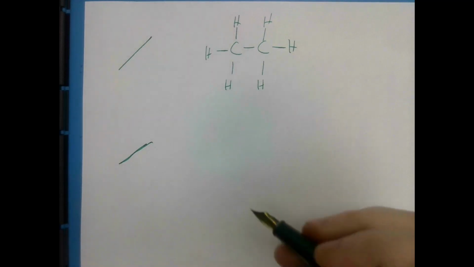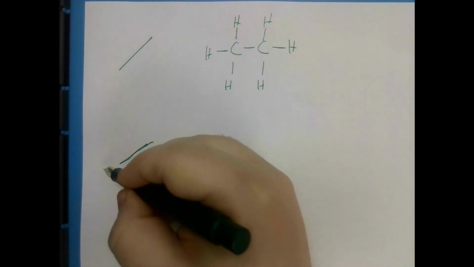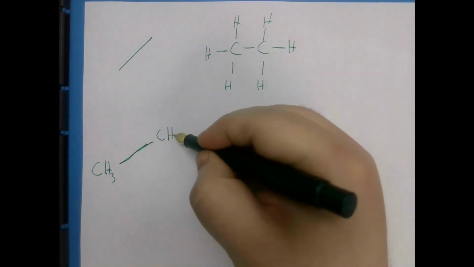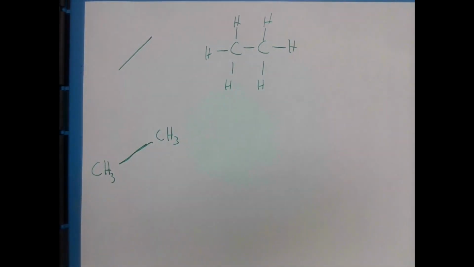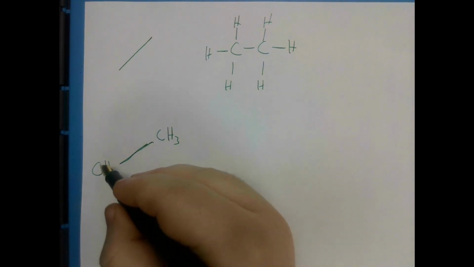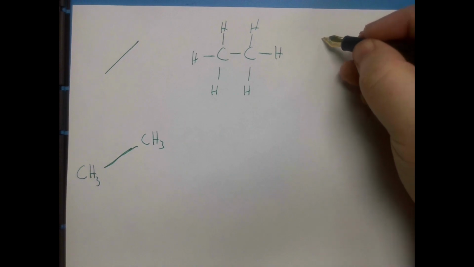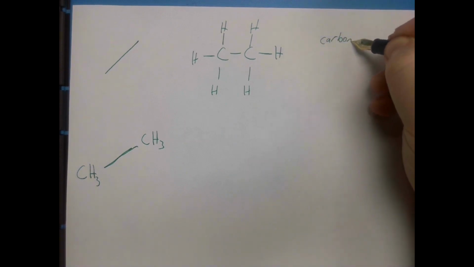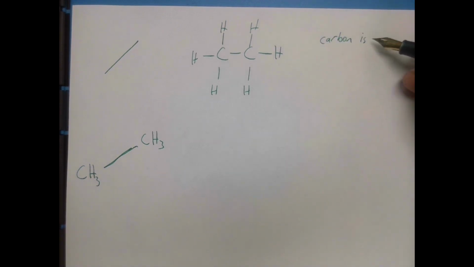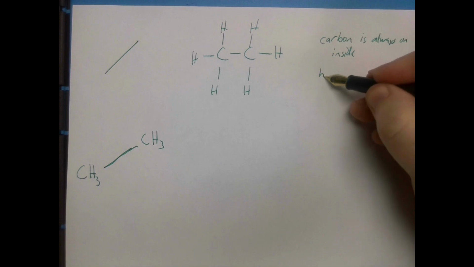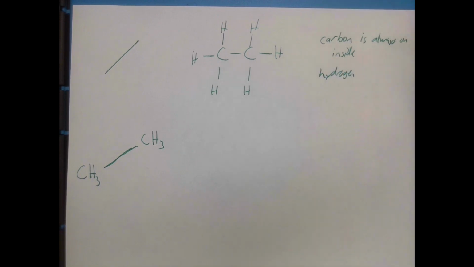Sometimes a CH3, they want to specify it. And this is the only major exception. So remember in Lewis dot diagrams, what does carbon do? Carbon is always on the inside. Hydrogen is always on the outside.